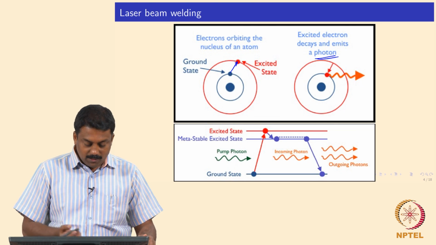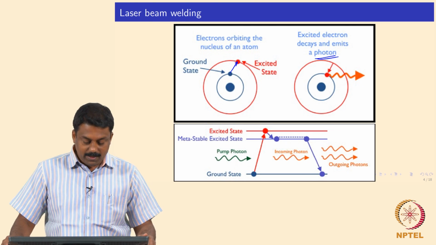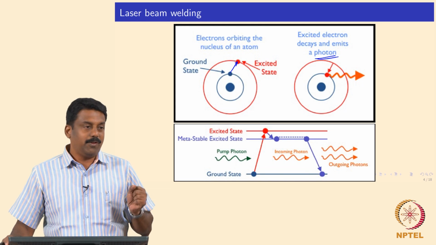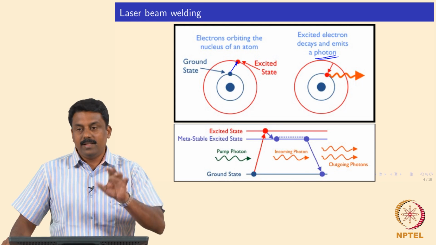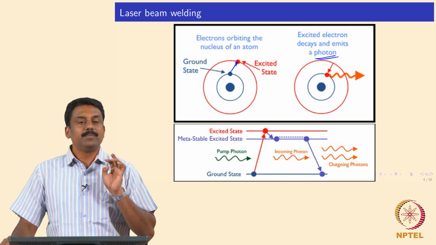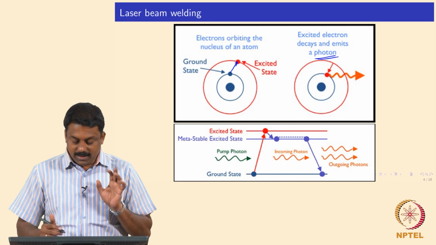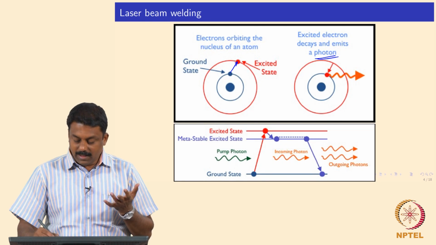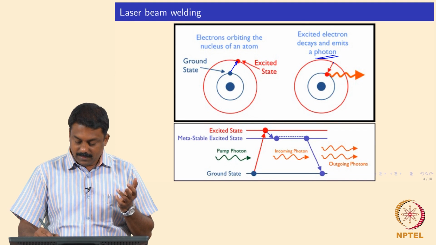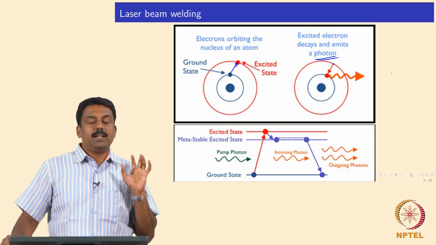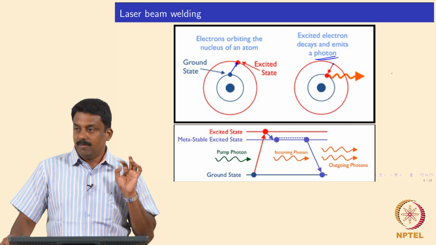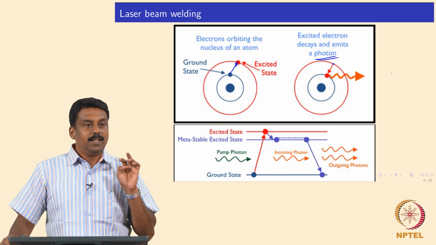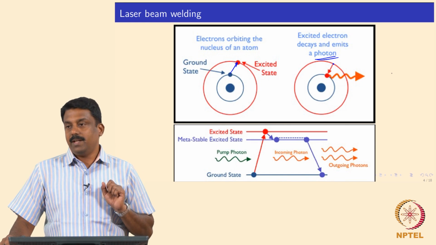When the electrons orbit in their own orbitals, there is no release of photons. So we send some energy to excite the electrons, and the moment the electrons are excited, they are in a high energy state, isn't it? And then when you release the exciting energy, the electrons come back to their ground state.